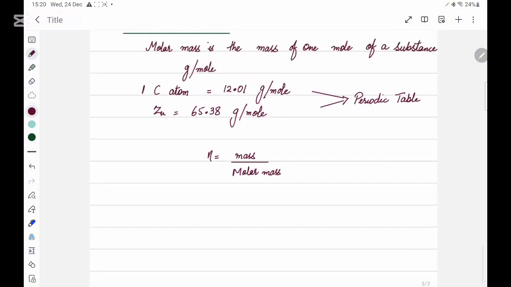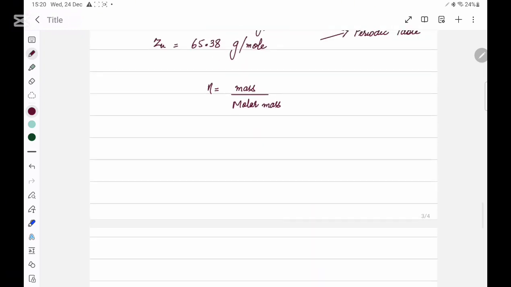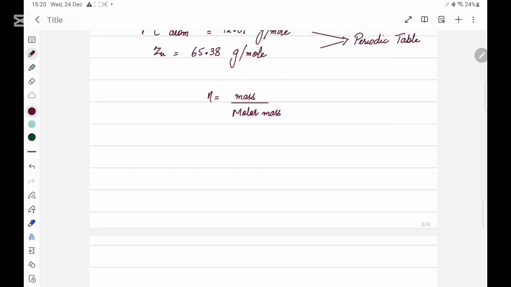Up till now I have told you about two formulas. The other one is number of particles, which is equal to mole times Avogadro's number.